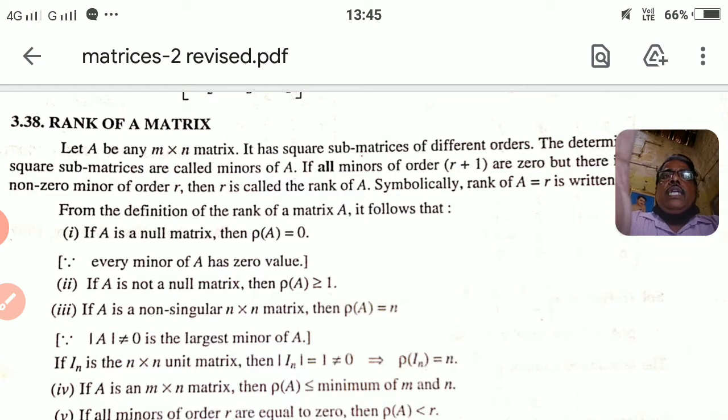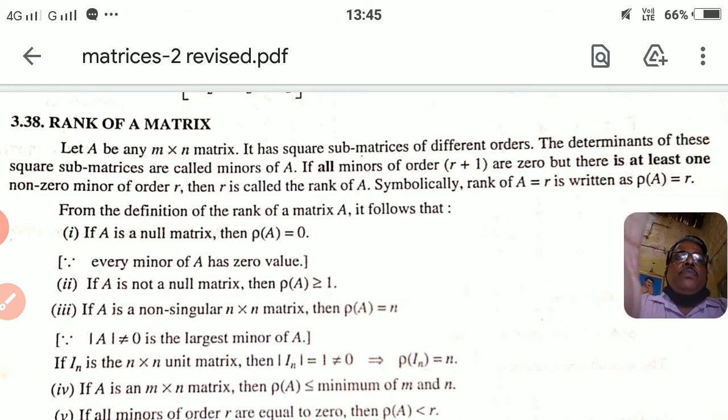Like that, if A is any m cross n matrix, then it has square submatrices of different orders. The determinants of these square submatrices are called as minors of A.